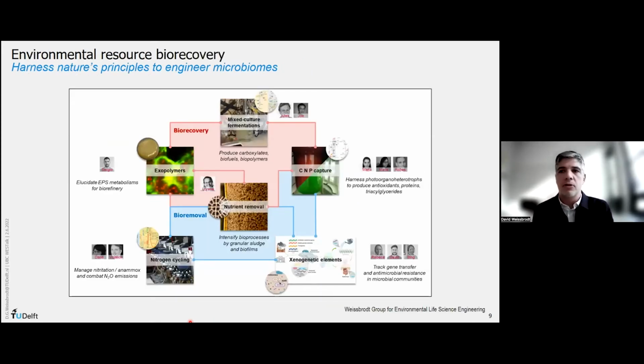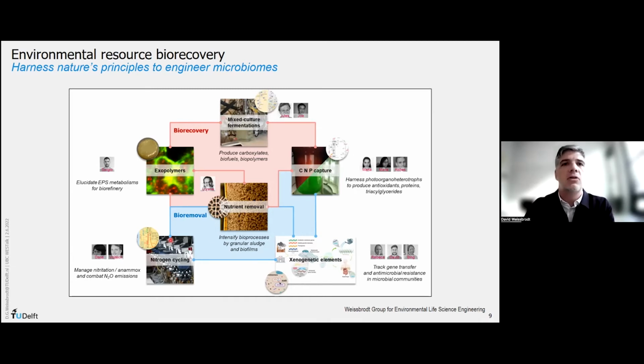In my research group, it's a group for environmental life science engineering. We are integrated in a section of environmental biotechnology here in Delft, Department of Biotechnology and Faculty of Applied Sciences. So with colleagues and with PhD candidates and postdocs, we work on nutrient removal, on exopolymer production, mixed culture fermentations, also capturing carbon, nitrogen, and phosphorus using phototrophic organisms like microalgae, also other types of phototrophs.